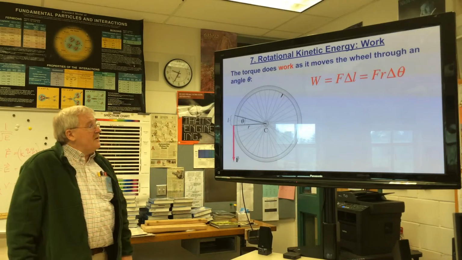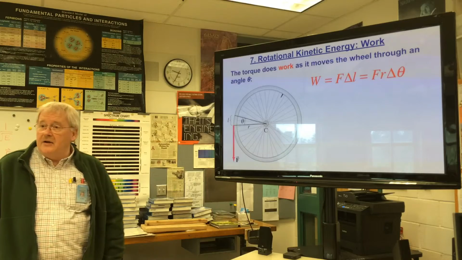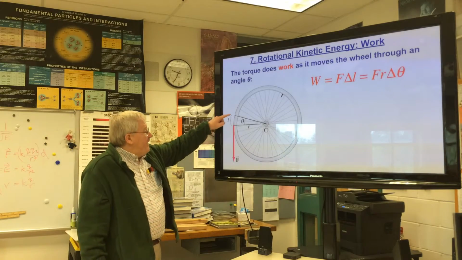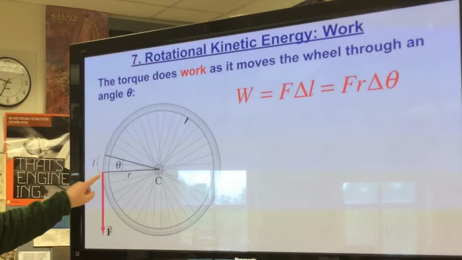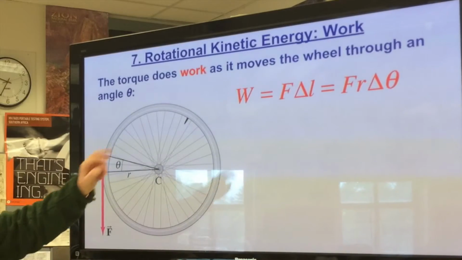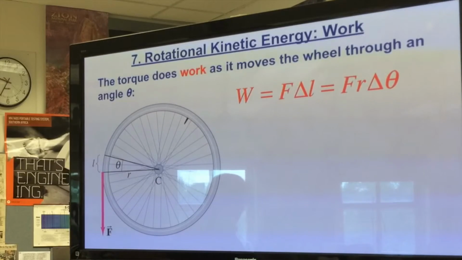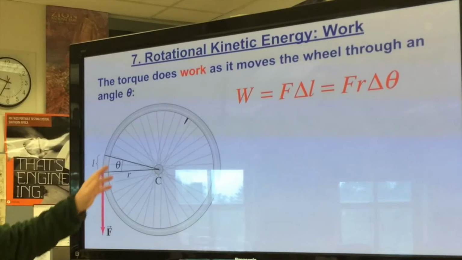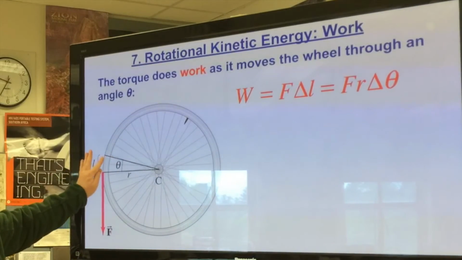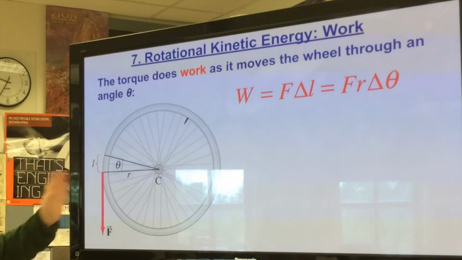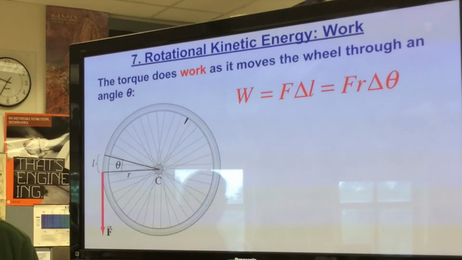Torque also does work as it moves the wheel through an angle theta. We have an angle theta, it's moved through a distance delta L, so the work is equal to the force times that path length delta L. That's the same as what we were doing before. We said the force multiplied by the displacement in the same direction. And if we make this small enough, then this displacement is in fact in the same direction as the force.